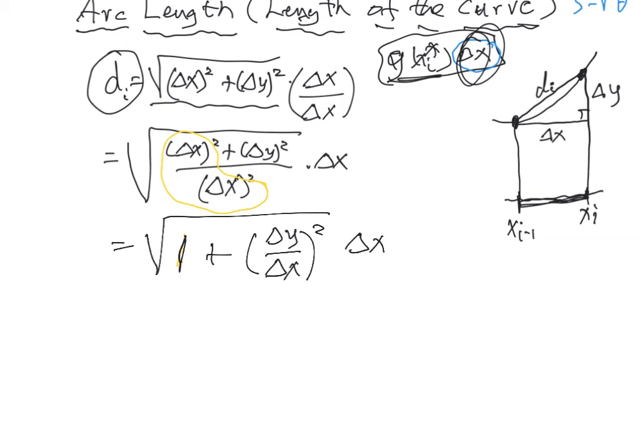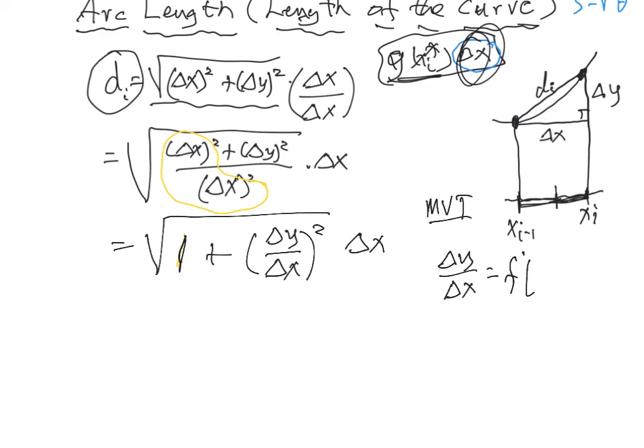Okay? Now, the mean value theorem. We showed that we can write the derivative, delta y over delta x, by the mean value theorem, which we'll abbreviate MVT, as f prime of some number on the interval.